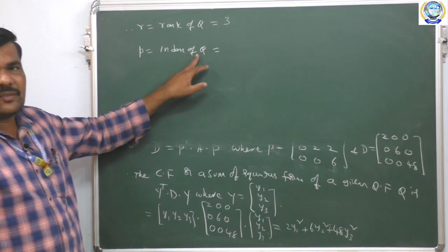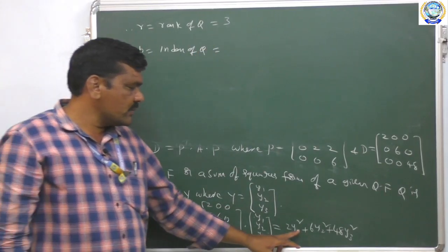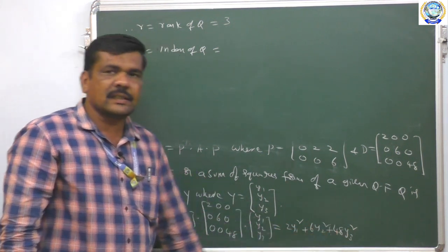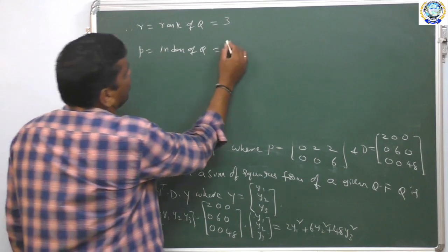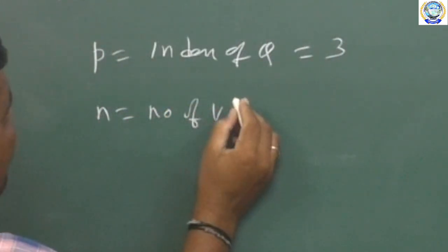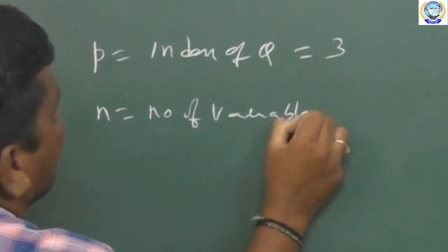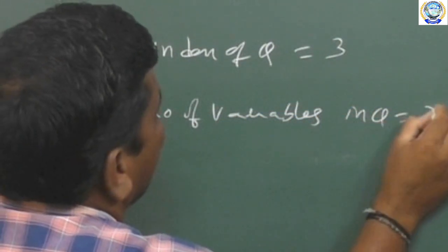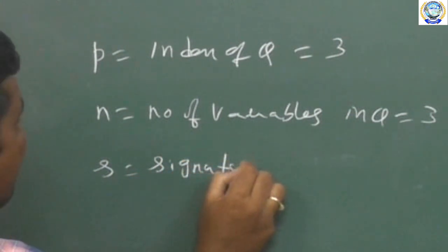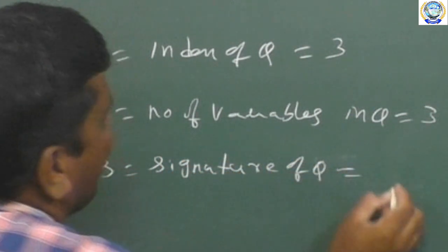P is the index of a given quadratic form Q. Index of a quadratic form means the number of positive terms in its canonical form. Here all three terms are positive, therefore P is 3, and N is the number of variables in Q, which is 3. S is the signature of a given quadratic form.